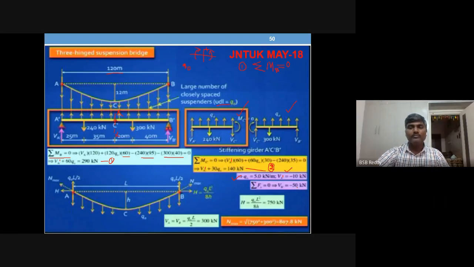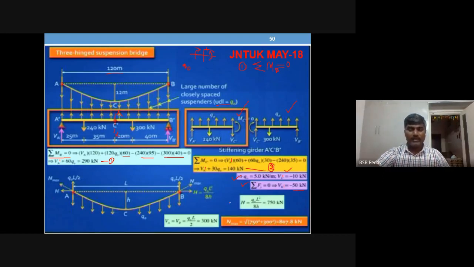kilonewton. But if you apply sigma Fy equals 0 for the girder, once you get VA dash, you will get the VB dash value. VB dash is the total vertical load, 50 kilonewton. So Q naught is 5, VA dash minus 10, VB dash minus 50. Means what? The direction of VA dash and VB dash should be reversed.